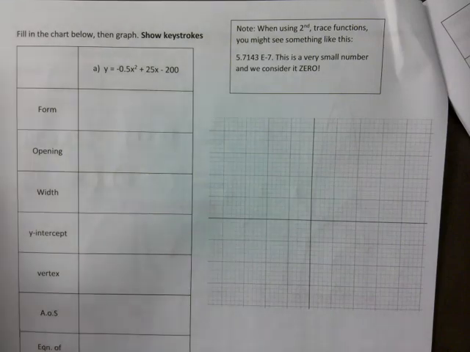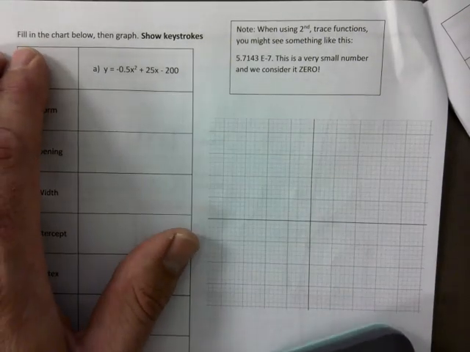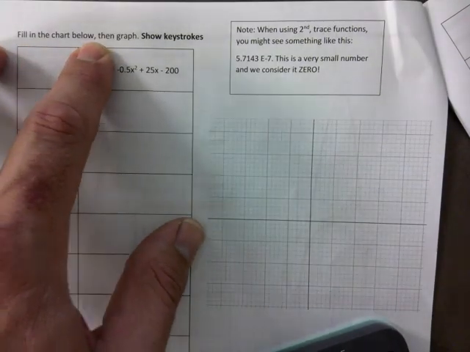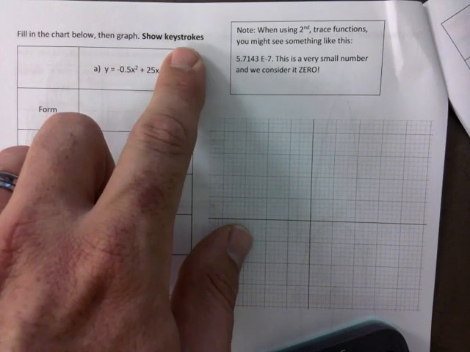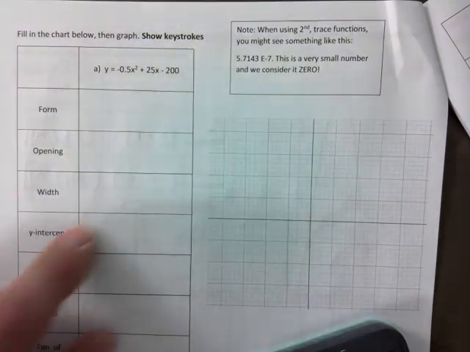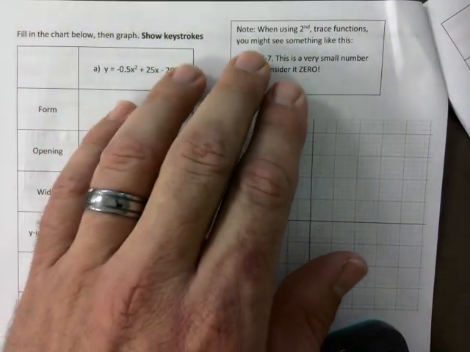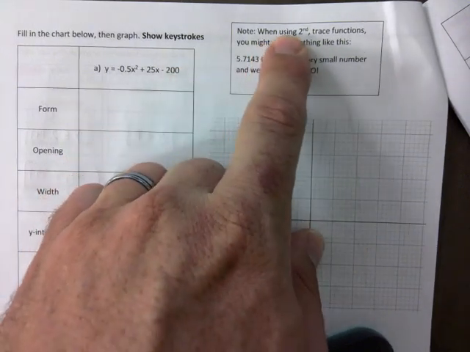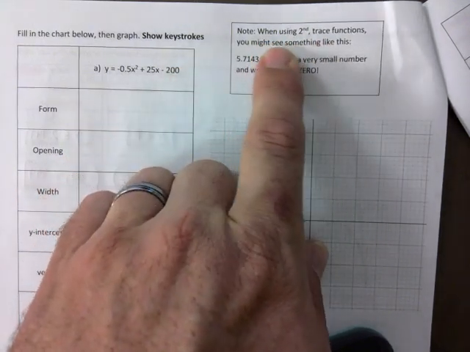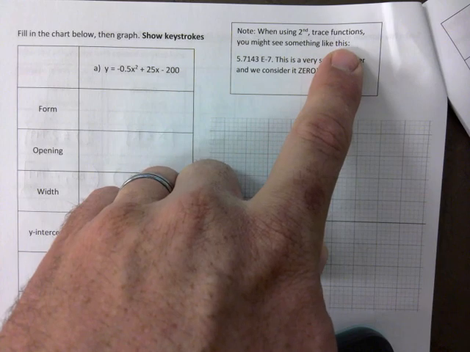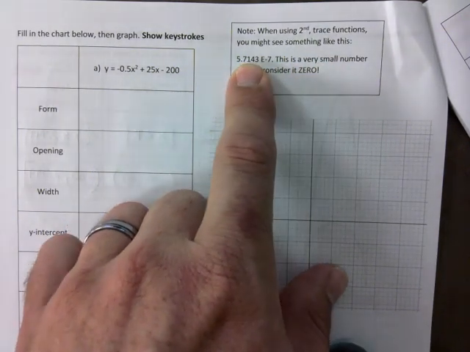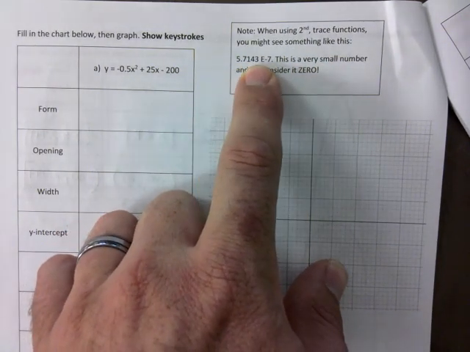So here we go. When it says, we're going to fill in the chart below, and we're going to show our keystrokes and everything. And a couple notes here. When using second trace functions, you might see something like this, and you have already. Some of you know what this is, right?